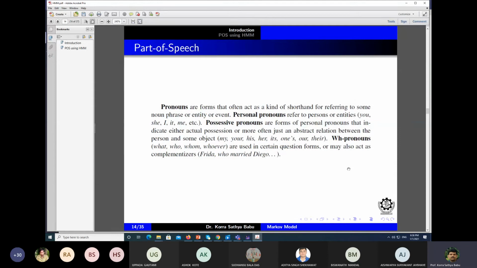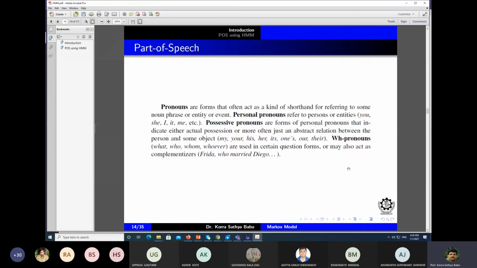The modals are used to mark the mood associated with the event or action depicted by the main verb. Like the word can is used to indicate ability or possibility, and may indicates permission or possibility.